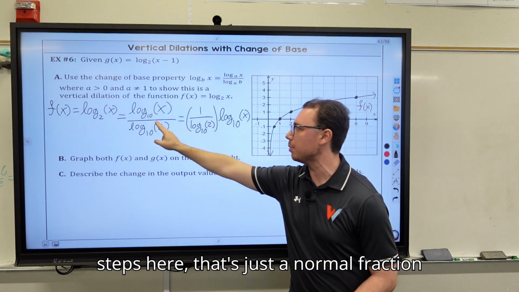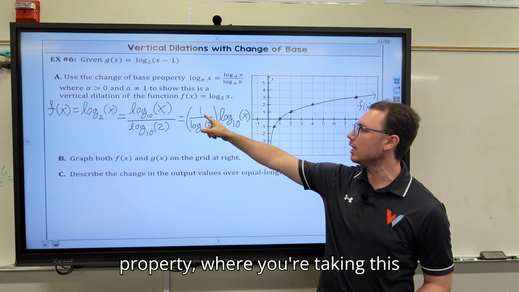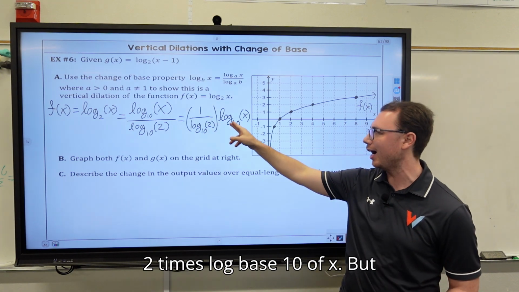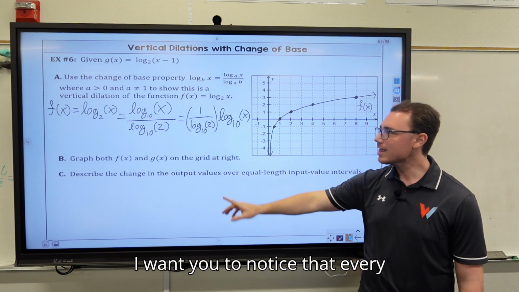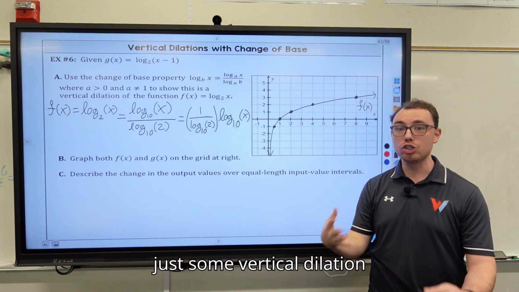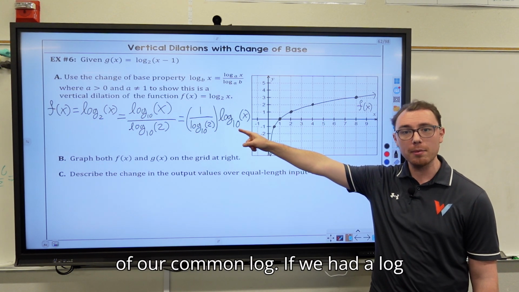Between these two steps, that's just a normal fraction property where you're taking this multiple of 1 over log base 10 of 2 times log base 10 of x. But I want you to notice that every single log base is just some vertical dilation of our common log.